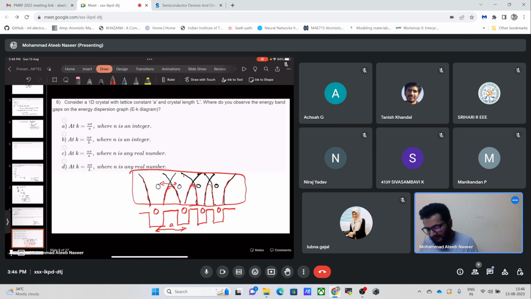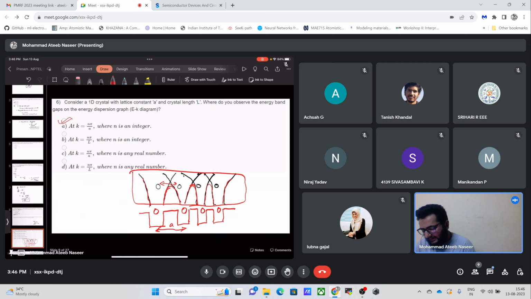Now, these energy band gaps, as you might have seen, occur at the Brillouin zone edges. So the answer to this problem will be n pi by a.